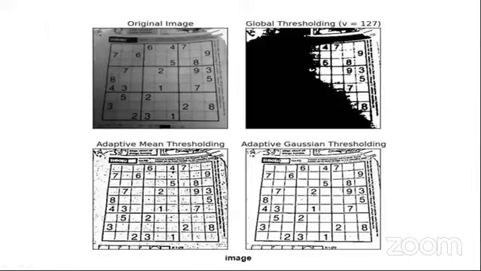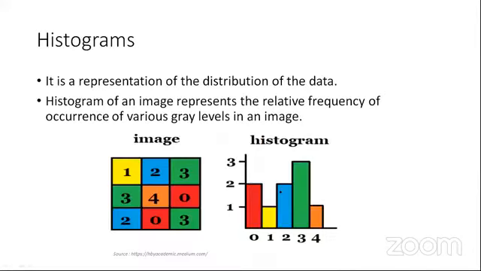So sometimes it works, sometimes it doesn't. It depends upon the lighting condition in an image. Here is the original image; I implemented global thresholding using a threshold of 127 and I get this result, which completely ruins my image. Now I use adaptive mean thresholding, and this is the result, and adaptive Gaussian thresholding gives this result. So in some cases adaptive thresholding works, in some cases simple thresholding works. You have to check it yourself.